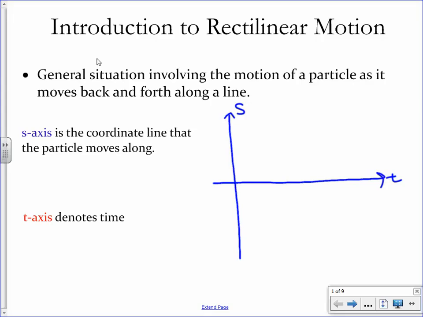Okay, so if we had a position-time graph, okay, this is pretty lame. But if we are at position 1, what this coordinate means is that at 1 second we are 1 unit to the right of the origin.